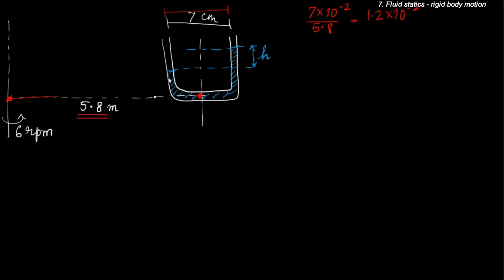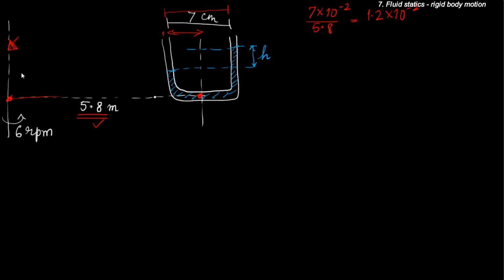So the limb, when seen from this point, will appear to be a single object which is kept at a distance of 5.8 meter, because this gap is much smaller than the radius.